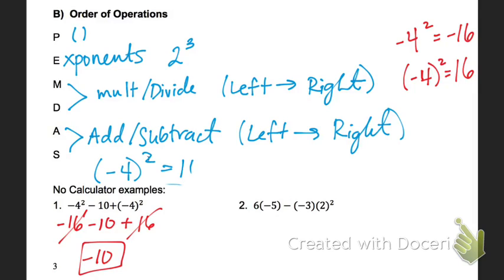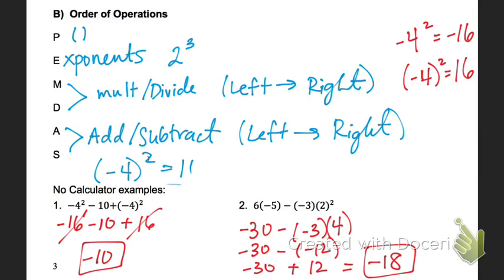Okay, try number 2 with the knowledge that you have moving forward. So you would not multiply the negative 3 and 2 because of this exponent right here. So you've got to do the exponent first for it to become 4.